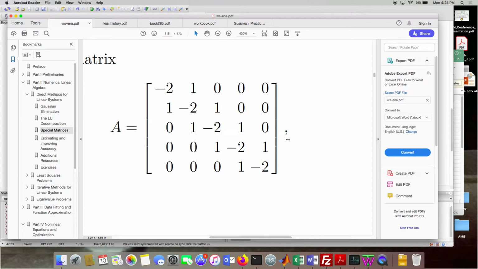So this is used to approximate like UXX, for instance. Like if you think of the heat equation, UT equals UXX, this approximates the UXX part. All right. Okay. So tridiagonal matrices like this are very common.